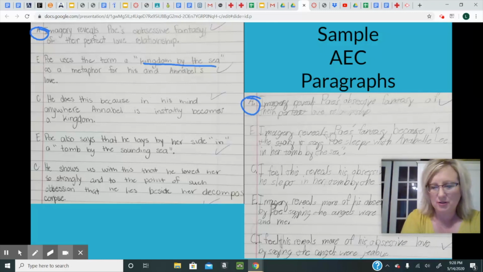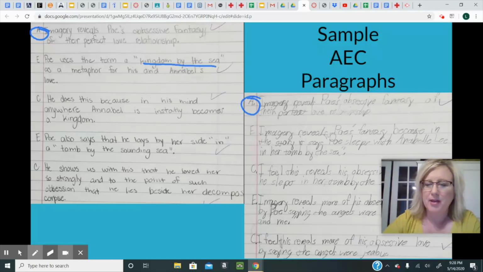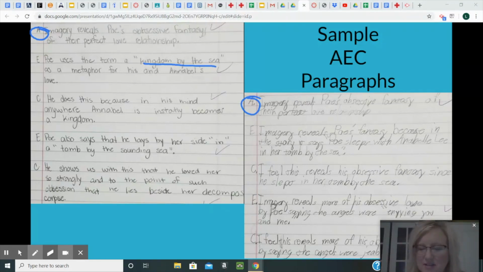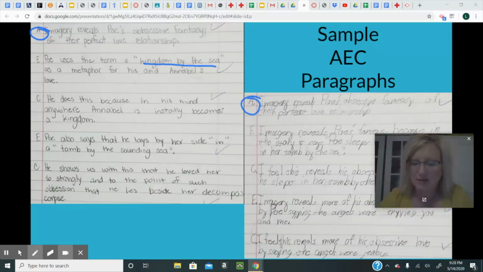They were so grossed out about this that he laid by the tomb at the seashore, and they just thought that was just the grossest thing ever, though they loved it, of course. And let's see, he sleeps within the tomb, inner tomb by the sea, and they talked about this obsessive fantasy because he slept by her tomb again, and in envy and obsessive love that saying that the angels were jealous.